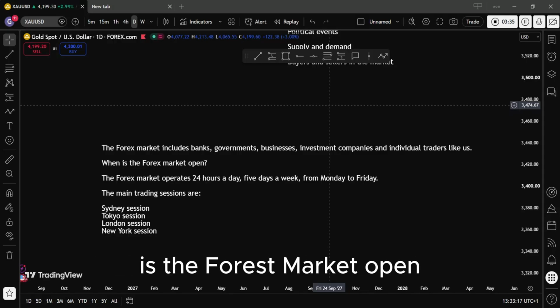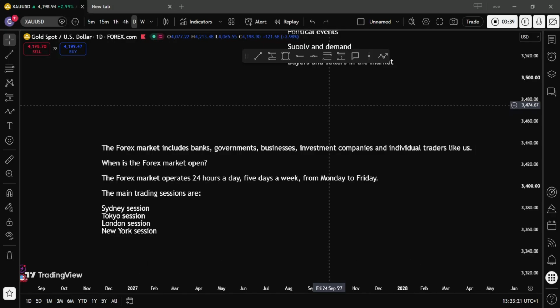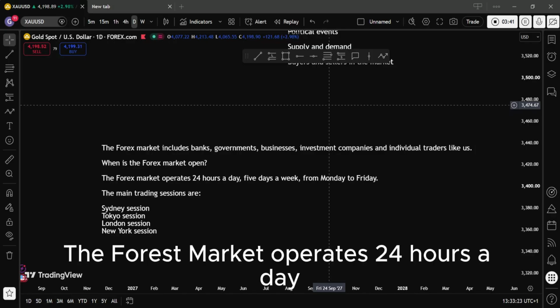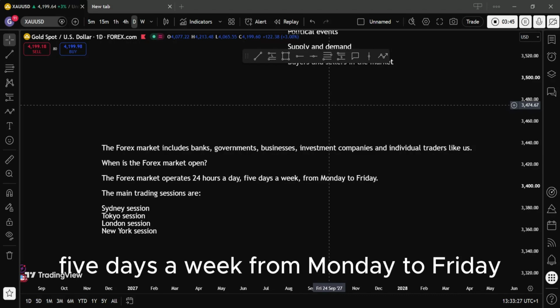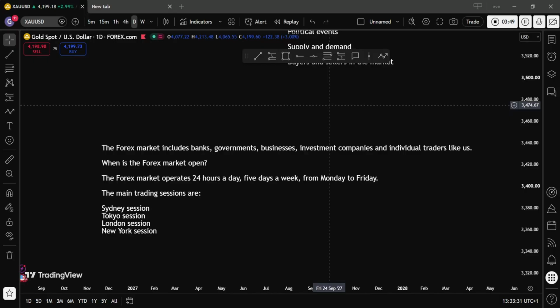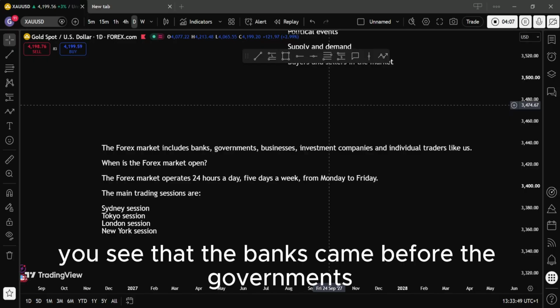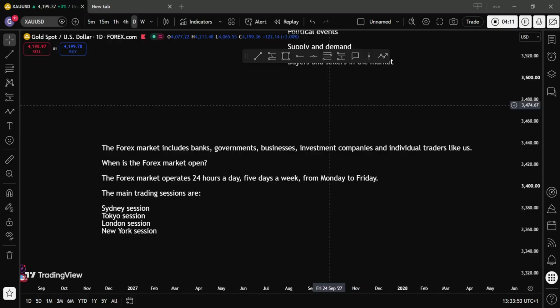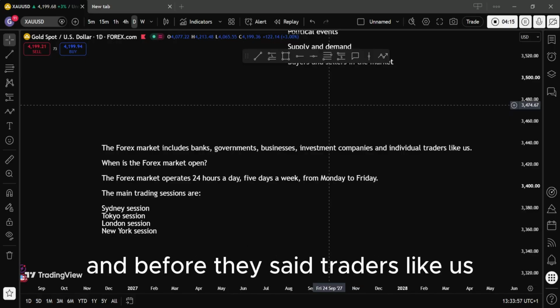When is the forex market open? The forex market operates 24 hours a day, 5 days a week, from Monday to Friday. You see that the banks came before the government, before business, investment companies, and before traders like us.